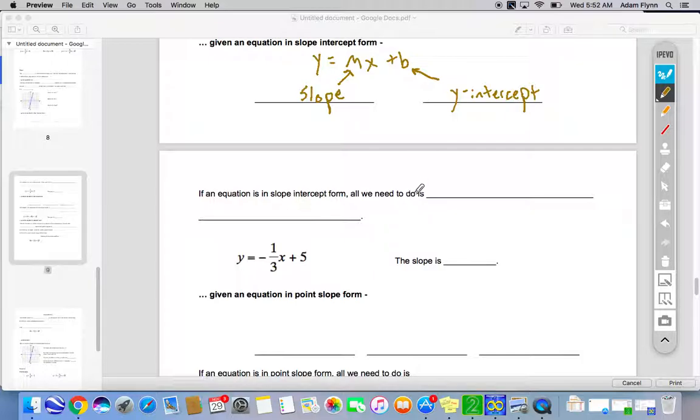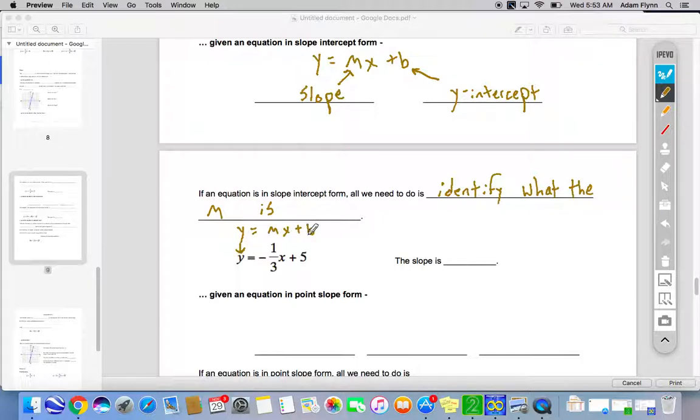Okay, so as I just said, if an equation is in slope-intercept form, all we need to do is identify what the m is. Okay, so right here, I'll write it again, y equals mx plus b.